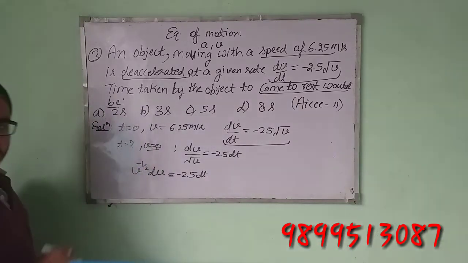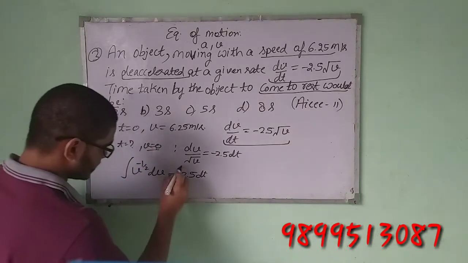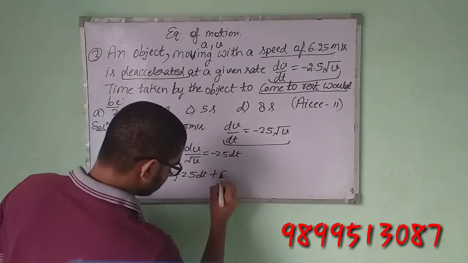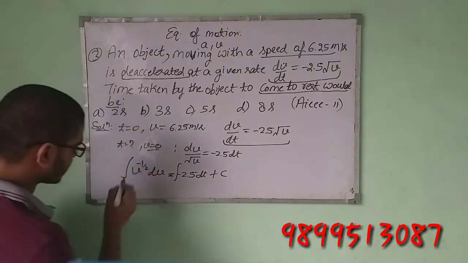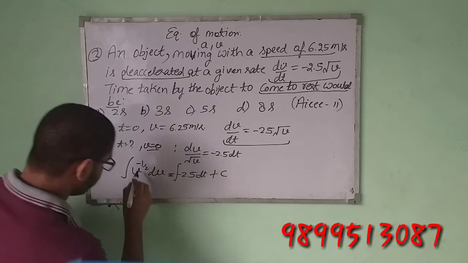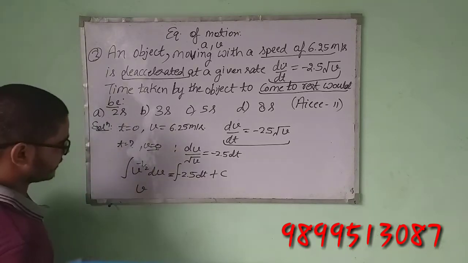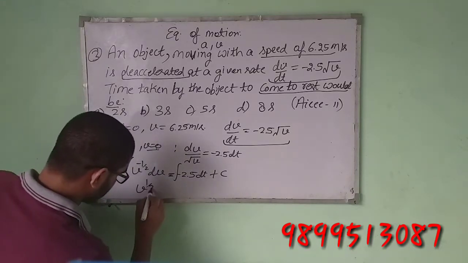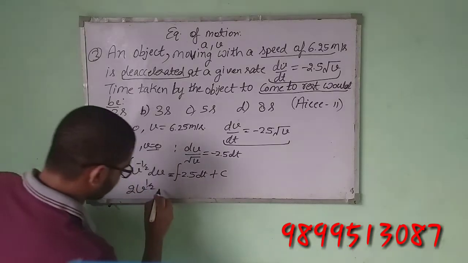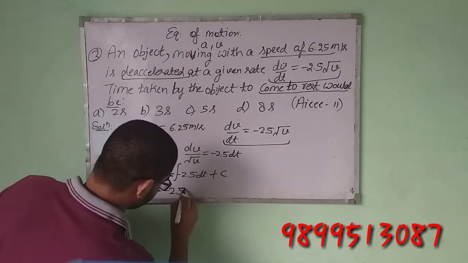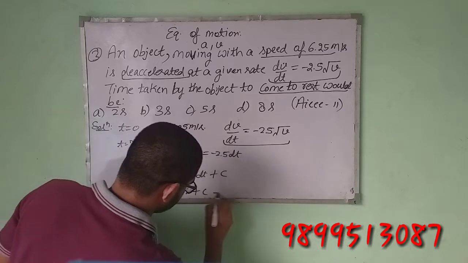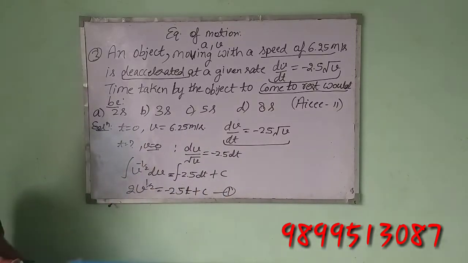I shall integrate this equation on both sides. When integrating, there will be a constant of integration. v raised to the minus half into dv gives us 2v raised to the power half is equal to minus 2.5 t plus c. So this is equation number 1.